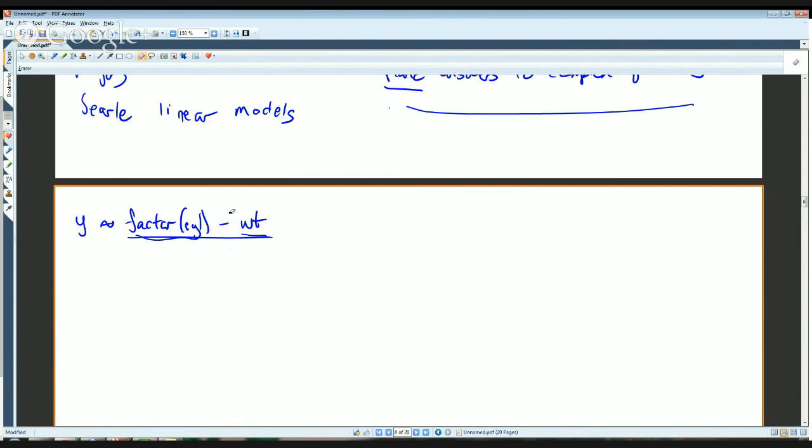And then you want to fit the model that has a plus there, right? Because that only includes the main effects, and you want to compare the two with ANOVA. And in this case, the model with just the plus there is a subset of the model with the asterisk there, so the anova function will work like I was talking about earlier. The test statistic and everything will be correct.